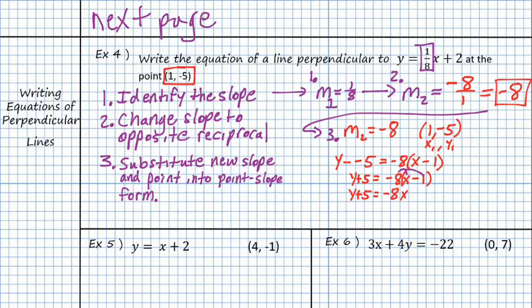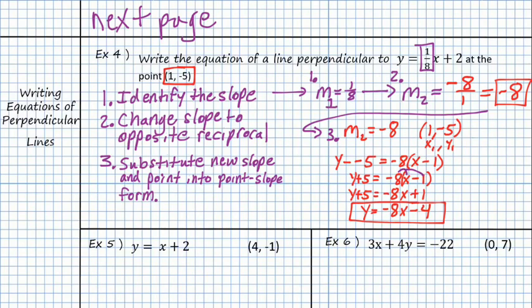So now I have negative 8x plus 1. And so I'll subtract 5 from both sides, and I get y is equal to negative 8x minus 4. And so that will be my final answer.